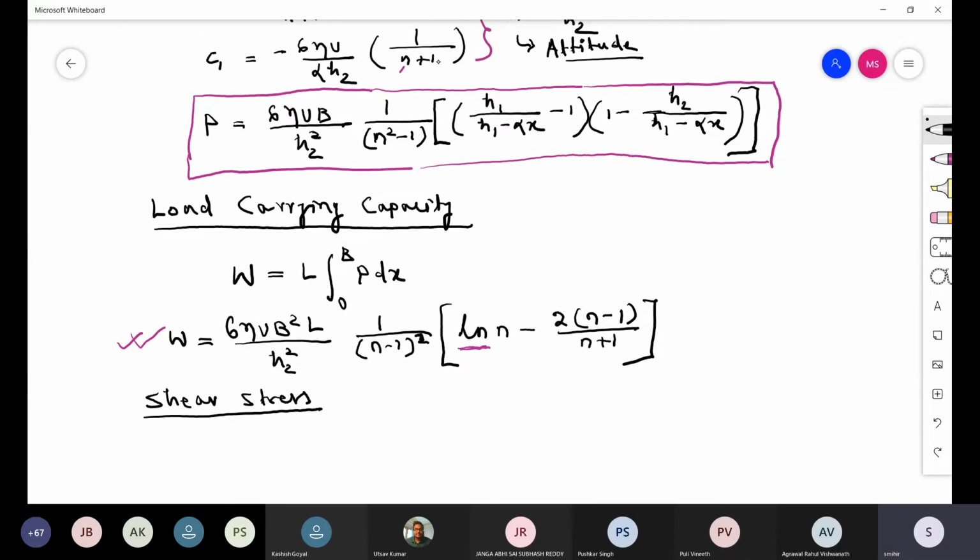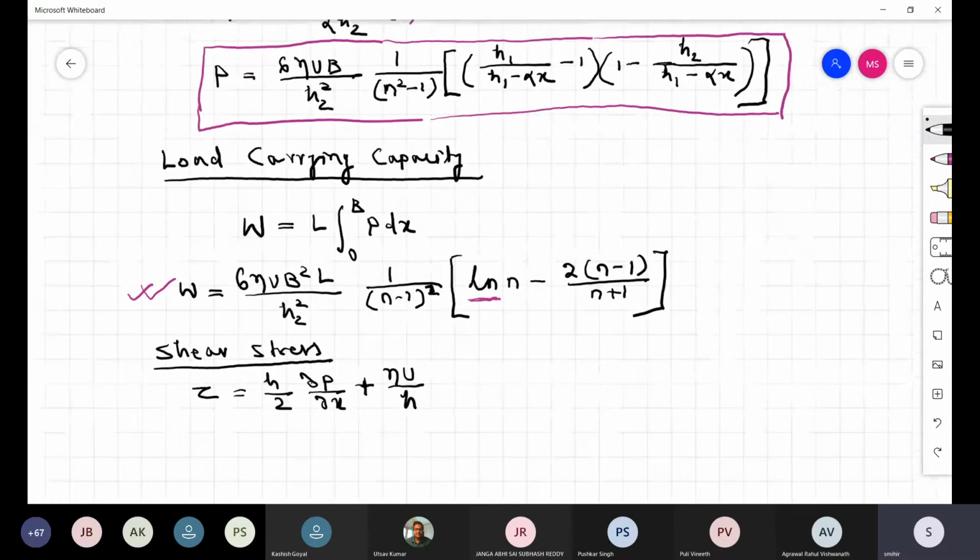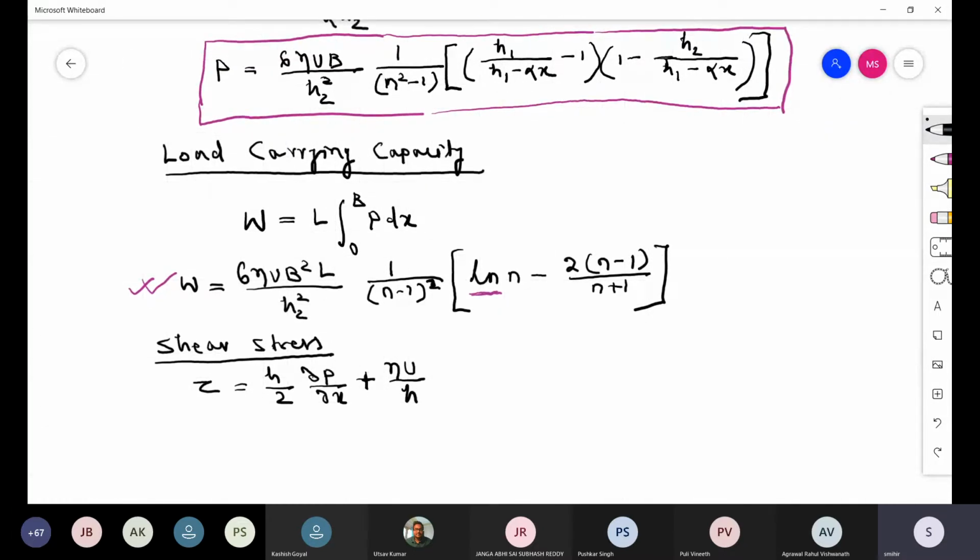So tau equal to this is the shear stress that we discussed last class. So for this real problem, this is the shear stress you will get.